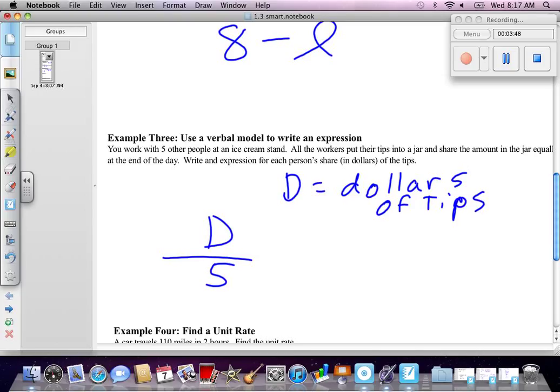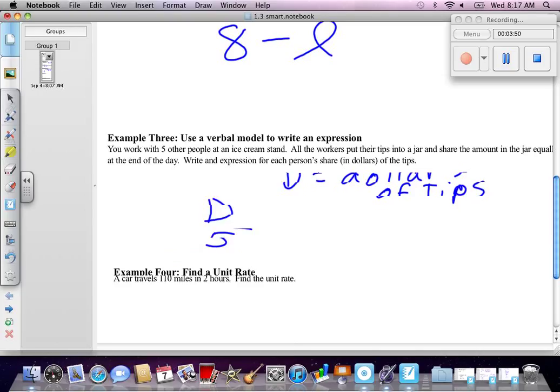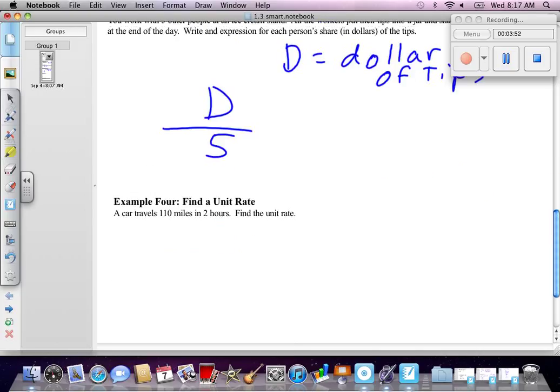So now we're going to do some where we have to solve. All right, we're going to find the unit rate of this. If a car travels 110 miles in 2 hours, we want to find how far it travels in 1 hour. So what are we going to do?